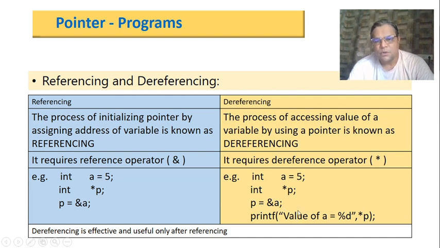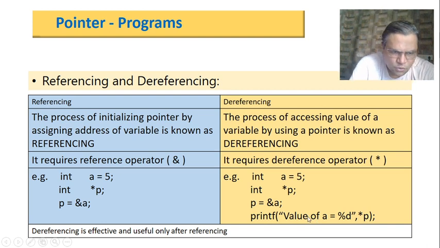Then I will try to display the value of variable a by using the pointer. I will write printf value of a is equal to %d, and instead of writing a here, I will write star p. When we write star p over here, this gives the value of variable a, and this is called dereferencing.